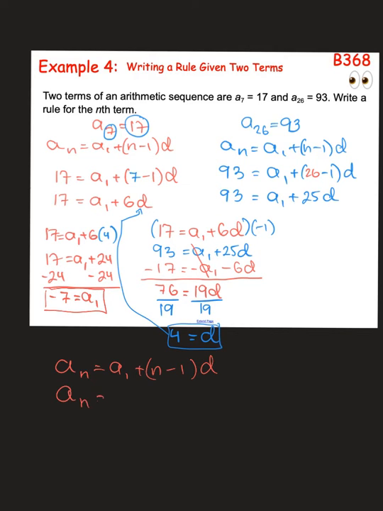So the nth term is going to be -7 plus n minus 1 times 4. Distribute your 4, so the nth term is -7 plus 4n minus 4. So finally the simplified equation for the nth term is 4 times n minus 11.